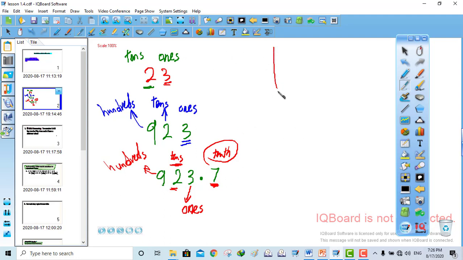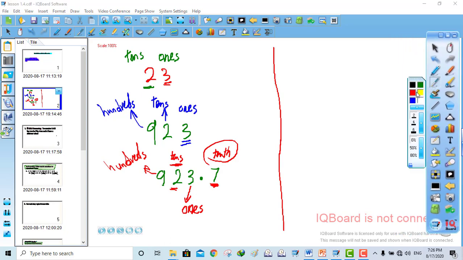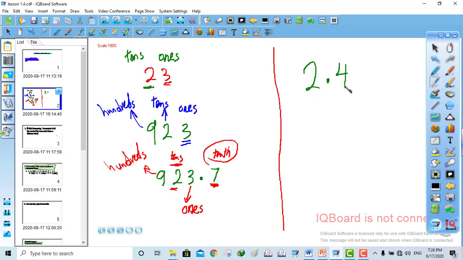If I make it a little bit bigger, for example, let's write 2 decimal point 4 5 6. To read this number, it's 2 and 456 thousandths. From which family? Thousandths. How? As you know, this is the ones place. Here is tenths. Yes, tenths place.